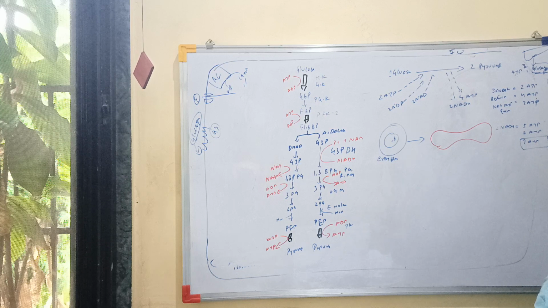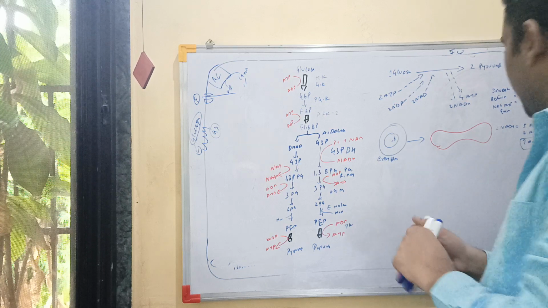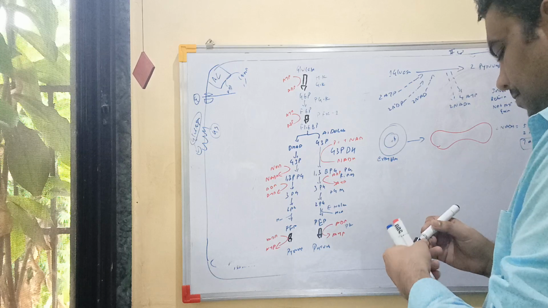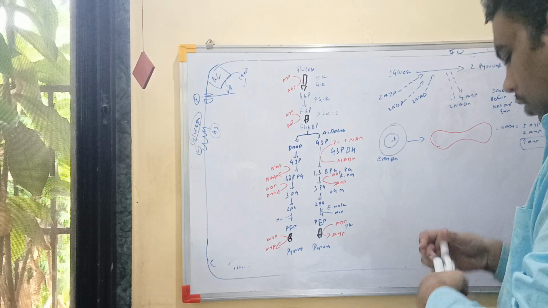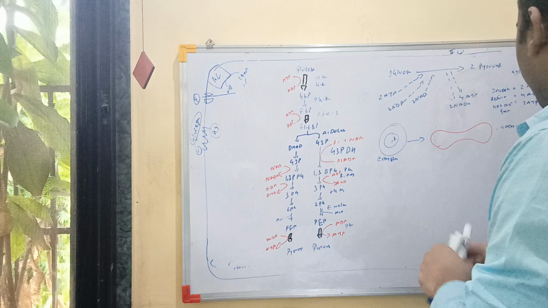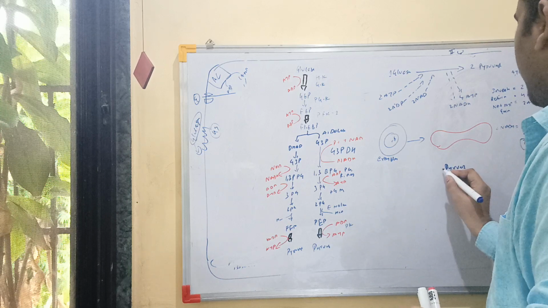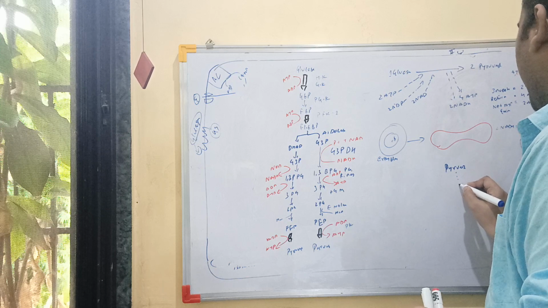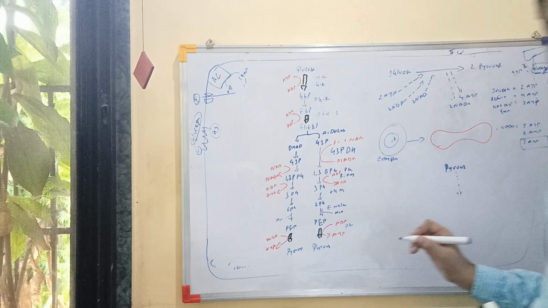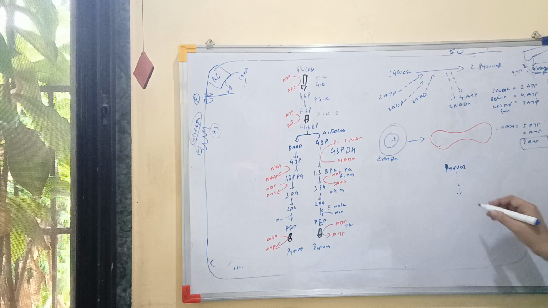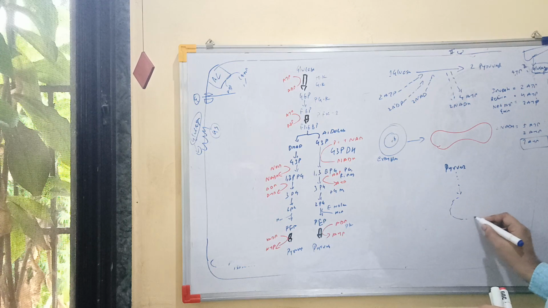So in RBC specifically, your pyruvate is converted into, see, normally the pyruvate can go into your citric acid cycle.